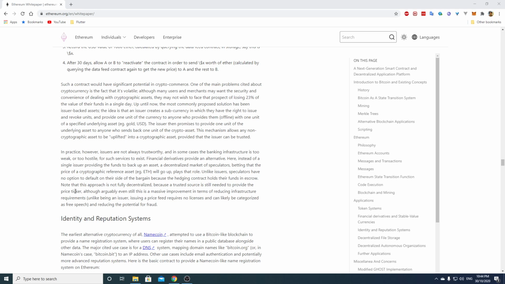Note that this approach is not fully decentralized because a trusted source is still needed to provide the price ticker. Although arguably even still this is a massive improvement in terms of reducing infrastructure requirements. Unlike being an issuer, issuing a price feed requires no licenses and can likely be categorized as free speech, reducing the potential for fraud.